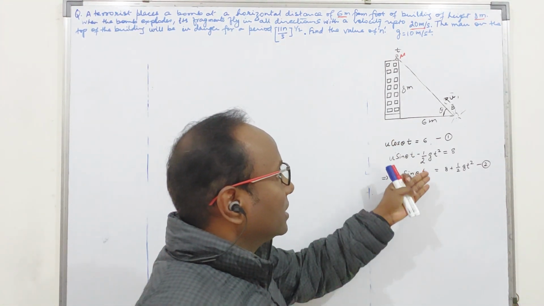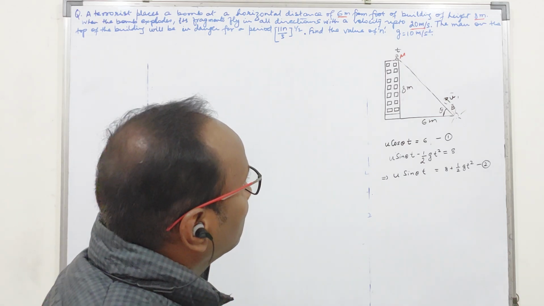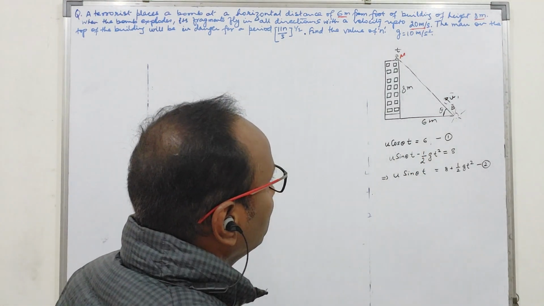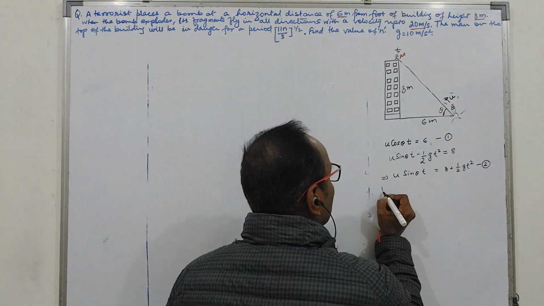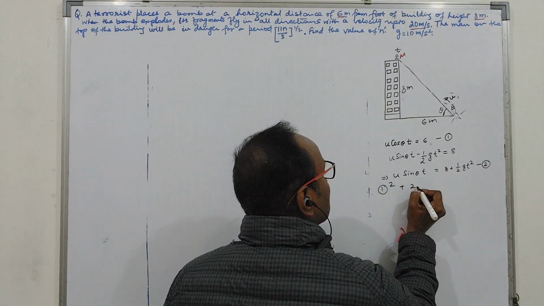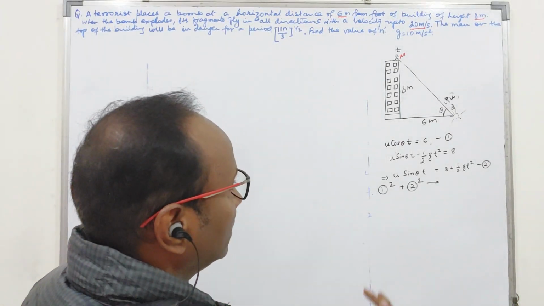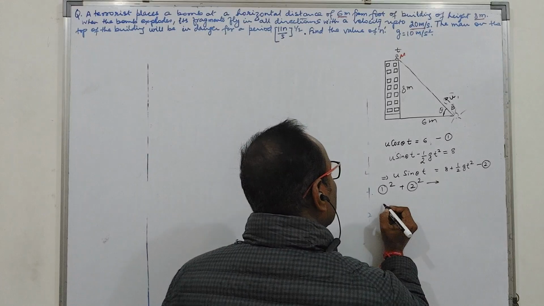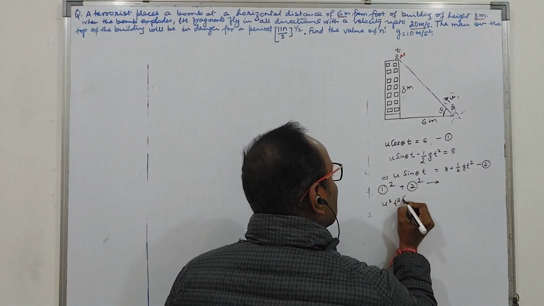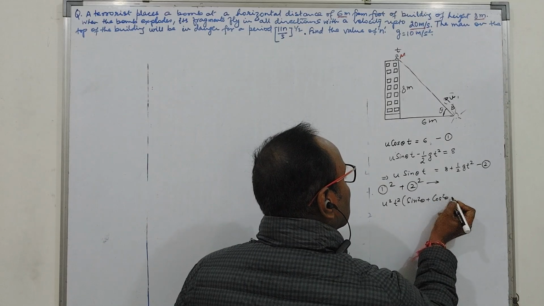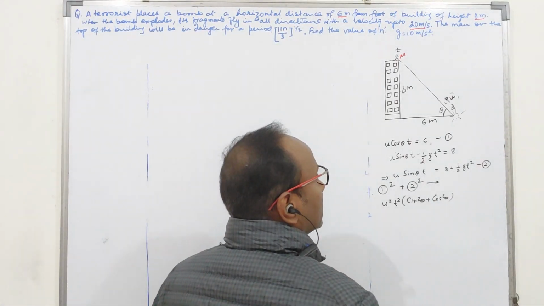So we have two equations now, 1 and 2. Let us try to eliminate theta. What we will do is square 1 and 2, add 1 squared plus 2 squared, and see the result, so that theta will be eliminated. So u squared t squared times sin squared theta plus cos squared theta, which will be 1, right?